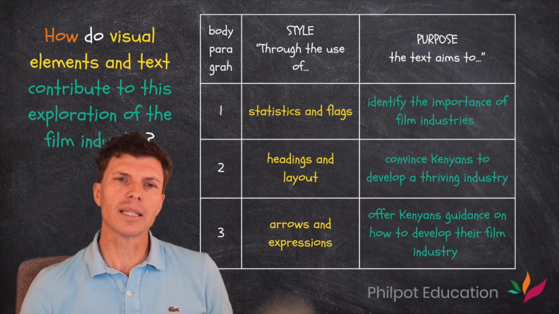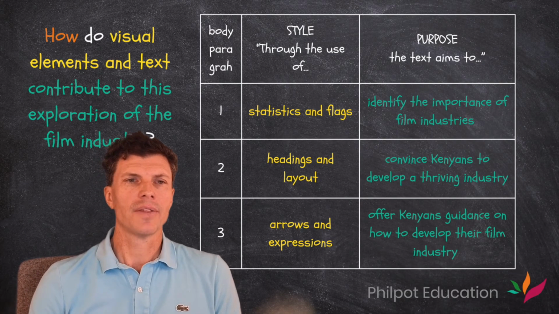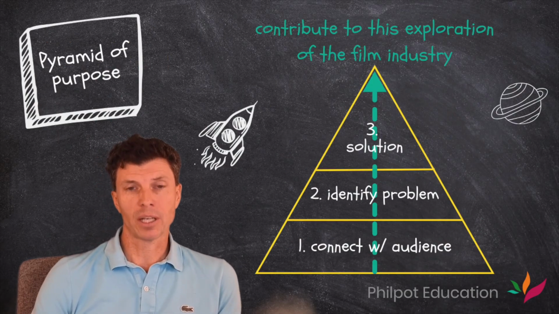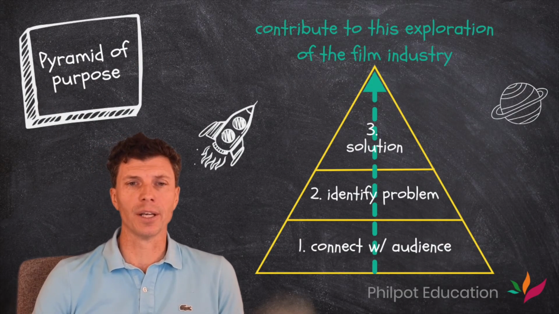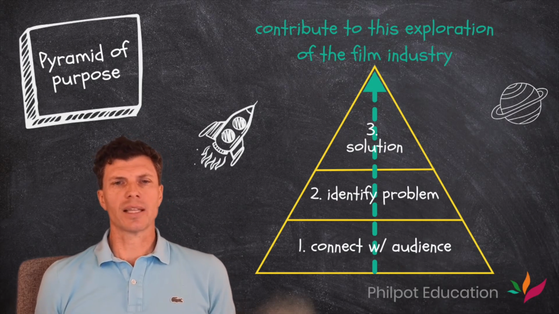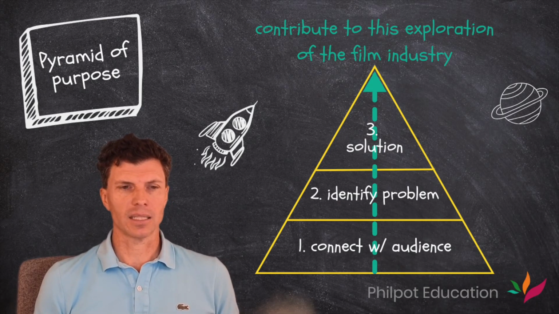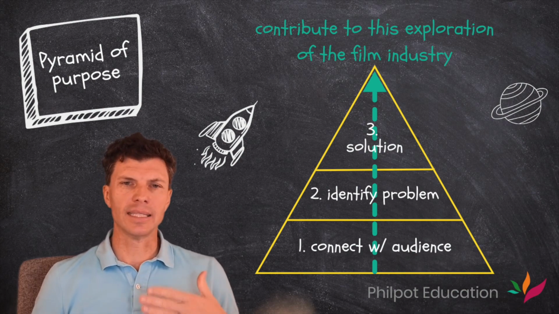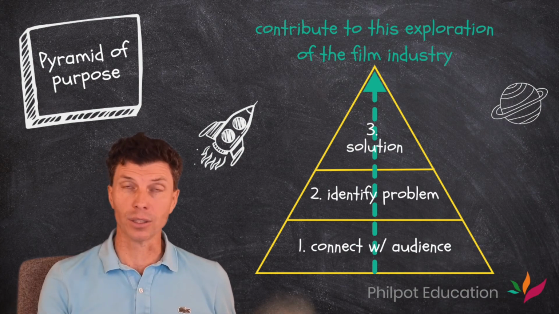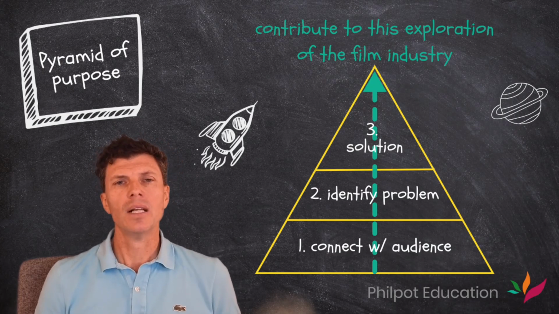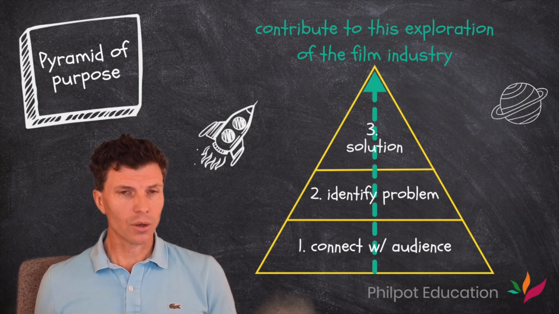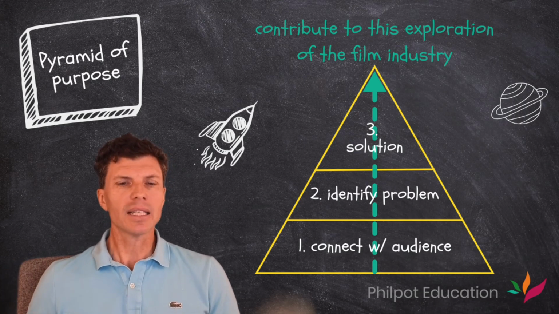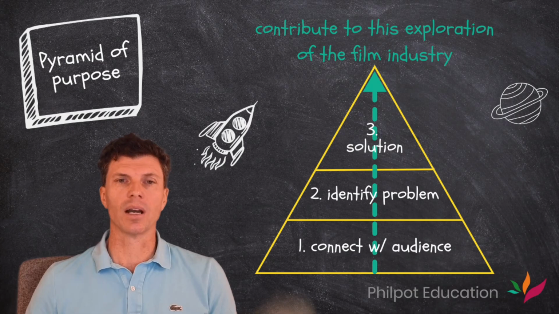And you'll notice when you look at the purpose side of things that I'm developing that response using the pyramid of purpose, which I've explored in other videos here, which simply suggests that just like every stimulus text is organized along this pathway where writers try to connect with their audience, identify a problem, and then identify a solution to that problem, so too could your response also be organized along those same lines, where your first body paragraph is about how the author does connect with the audience.